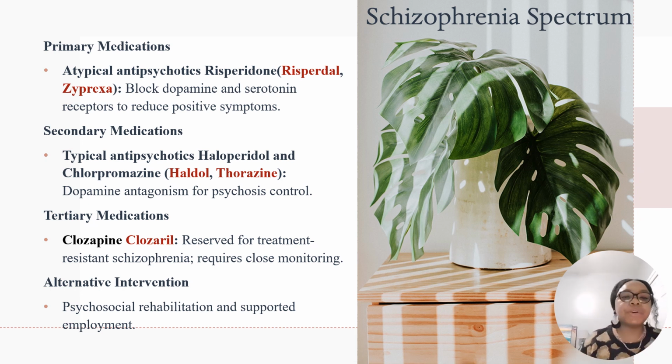And then we have our tertiary medications. An example of this medication could be Clozaril, which is reserved for treatment-resistant schizophrenia and requires close monitoring. And so an alternative intervention would be psychosocial interventions that improve functional outcomes and community integration.